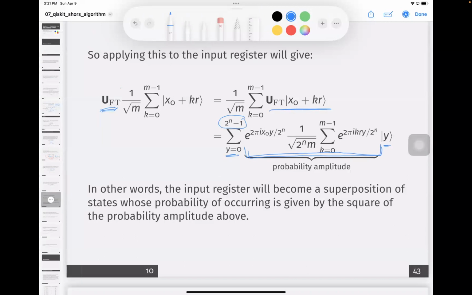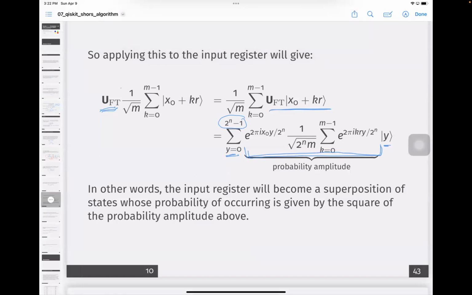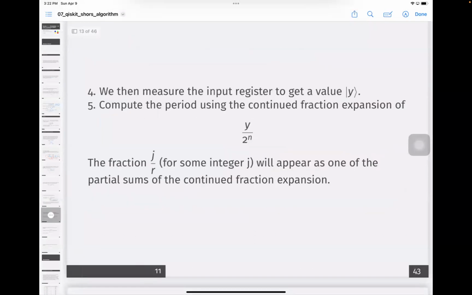So once you have that, you then measure the value of y. When you measure the value of y, there's a high probability that the value you get is an integer. We discussed this in one of the previous lectures.